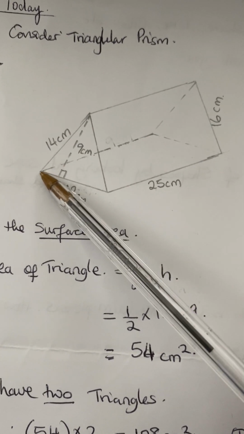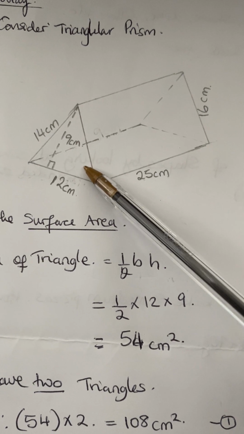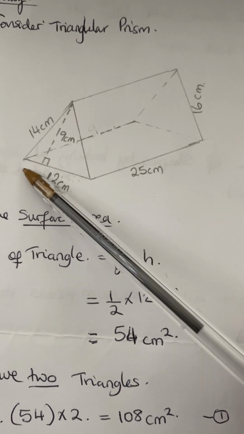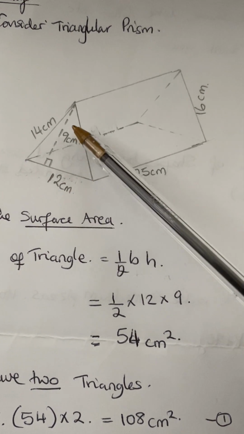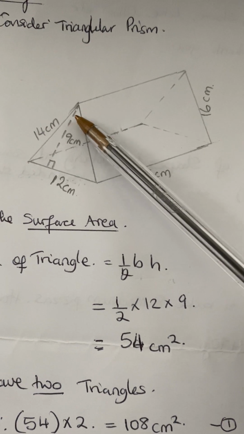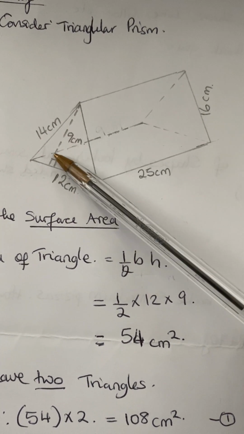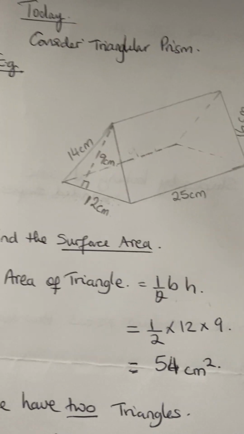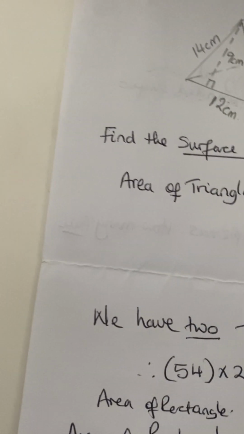So if you look at the triangle here, the height is 9 centimeters and the base is 12. So we can find this part of the triangle, and whatever area we get here is the same as the area on this side. So let's do that part first.